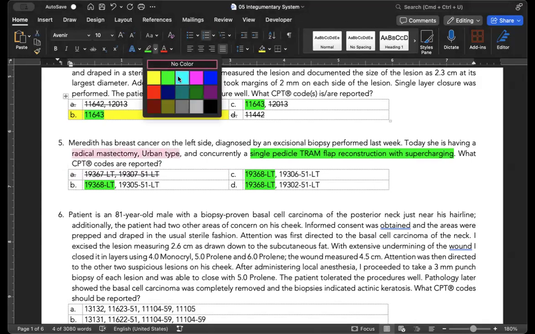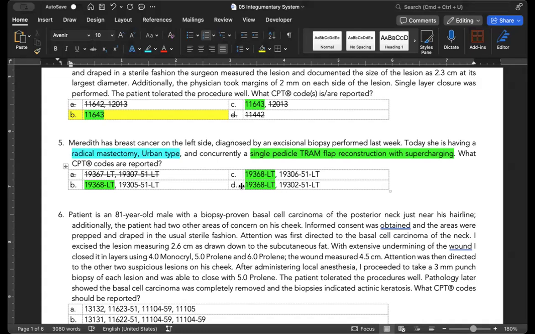So that is going to not be it. 19302 is ruled out. 19305 is a mastectomy radical, including pectoral muscles, axillary lymph nodes. So that includes our radical mastectomy portion.